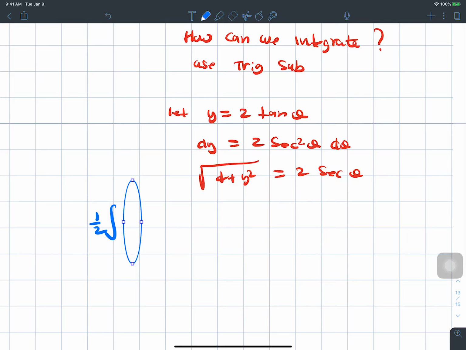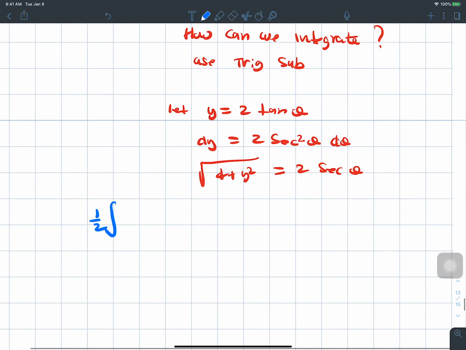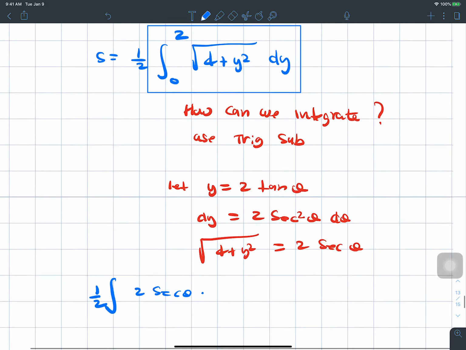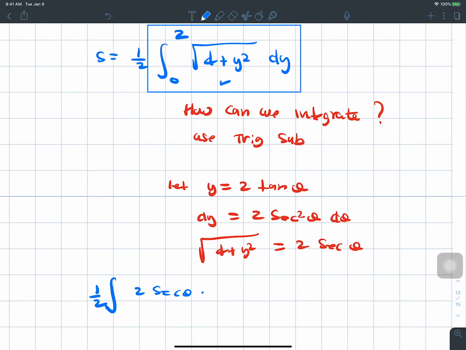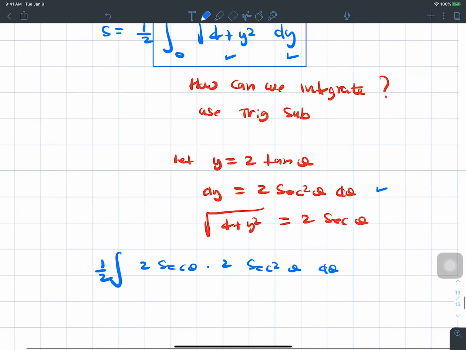The square root of 4 plus y squared is really 2 secant theta. So I use this portion. What is dy? Well, that's 2 secant squared theta. So that's another 2 secant squared theta d theta. So I'm glad I'm bringing down my constant now. I'm going to bring this down so you guys know.